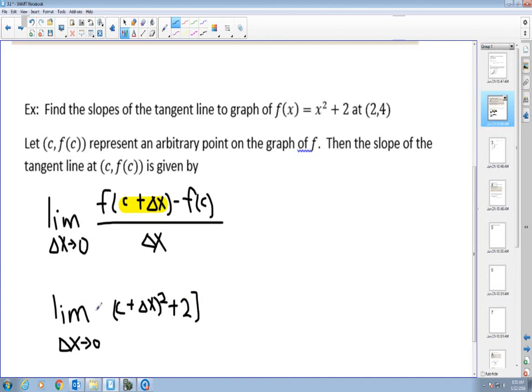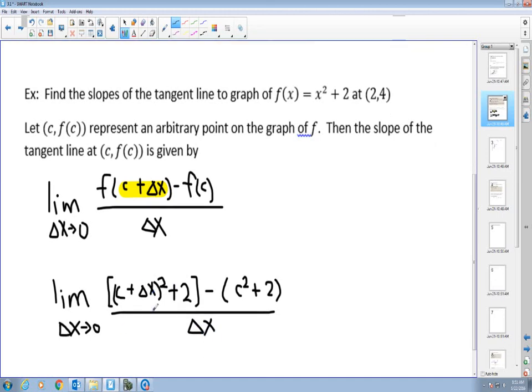This part is the same as f of c plus delta of x minus f of c. That means I will substitute c for every x I see in my function, so that will be minus c squared plus 2, over delta of x.